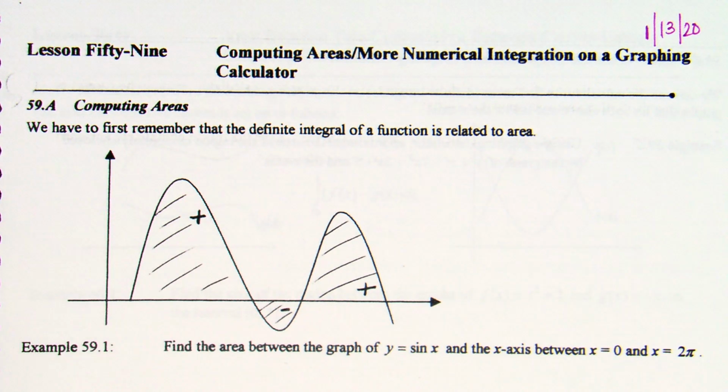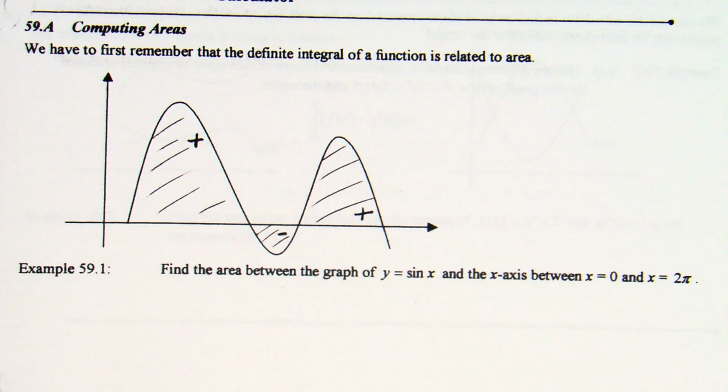As you look at example 1, it says, find the area of the graph y equals sine x and the x-axis between x equals 0 and x equals 2 pi. So it's the area between y equals sine x and the x-axis, so the x-axis is that baseline, right?